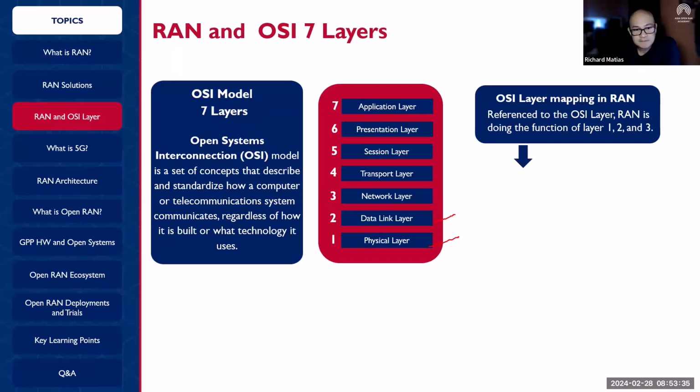Next is the network layer, where the routing of data between different devices on a network happens using a protocol such as IP or MPLS. And then we have the transport layer, which is responsible for ensuring reliable and efficient data transfer between devices on the network using a protocol like TCP or UDP.